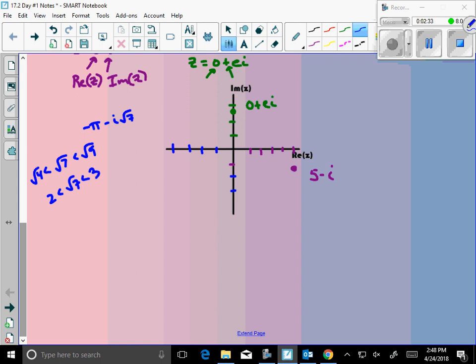Okay. So if I go left pi and down root 7, I'd end up right about here. Okay, these are all in rectangular form, obviously. And I think the fourth one was z equals negative 9. Now that is missing an imaginary portion. So we're going to go out 9 units, 5, 6, 7, 8, 9, and we're not going to move from there. That would be z equals negative 9 plus 0i. A little bit of plotting, let's move on.